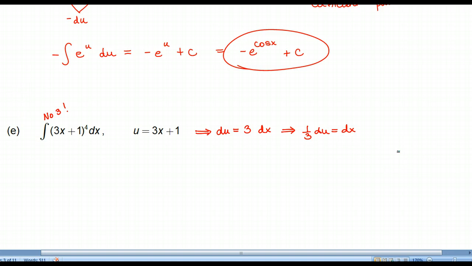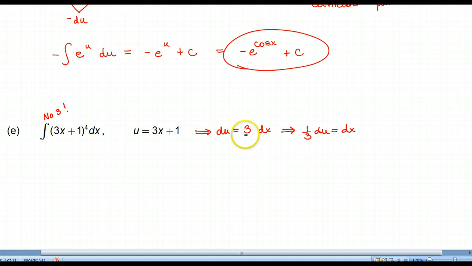It's like the negative. Okay, so remember how we had to throw this negative out in front? We didn't have a negative in our derivative. And here, I don't have a 3. There's a 3 inside, but there's not a separate 3. So I need to compensate for that missing 3, and I have to multiply du times a third.